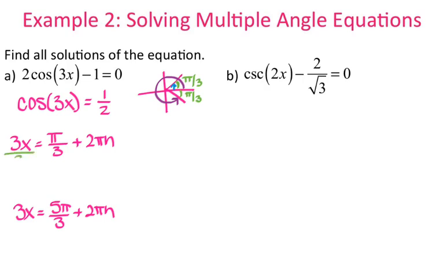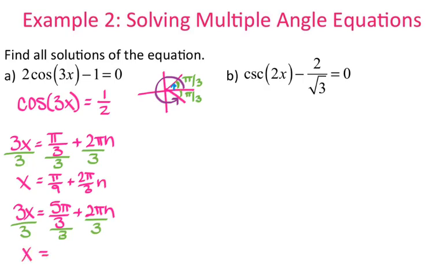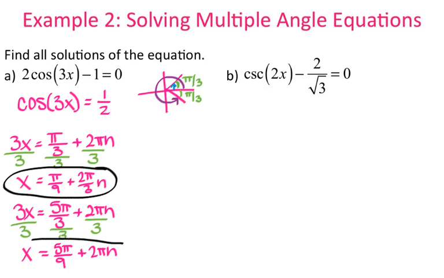So to undo that, I'm going to divide each of these expressions by 3. So now I have x equals pi over 3 divided by 3 is pi over 9 plus 2 pi over 3 n. For my second one, I have x equals 5 pi over 3 divided by 3 is 5 pi over 9 plus 2 pi over 3 n. And this is your final answer.